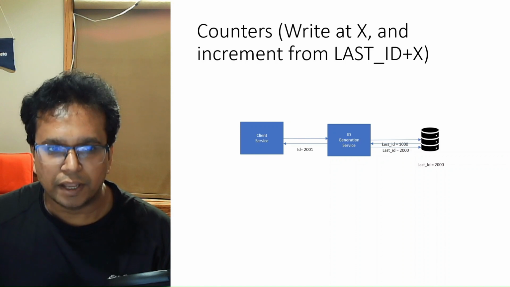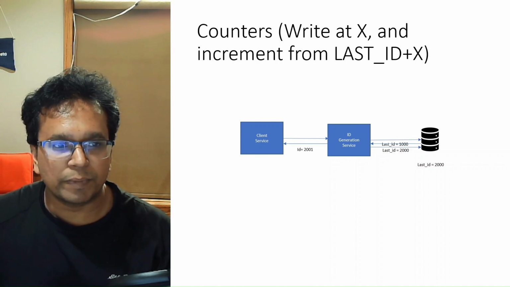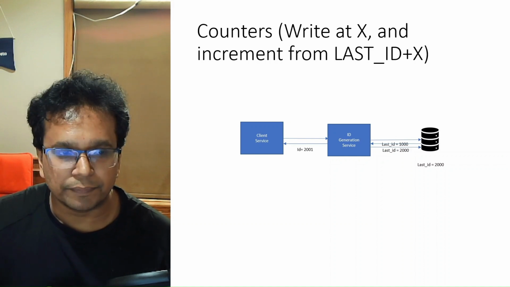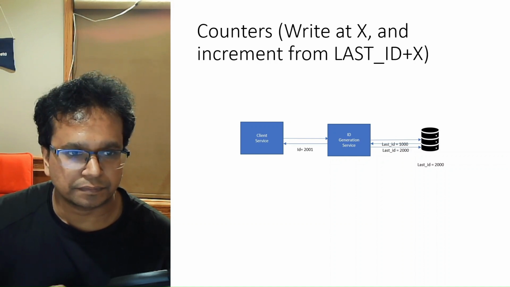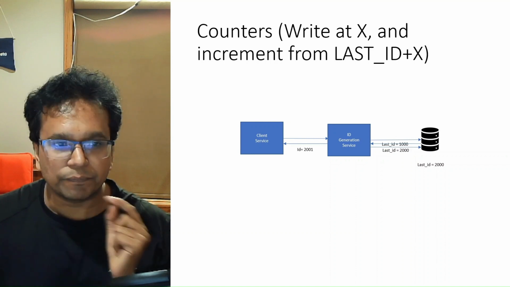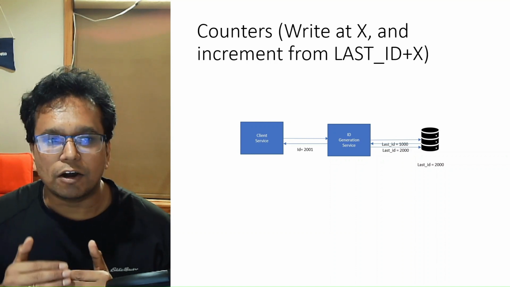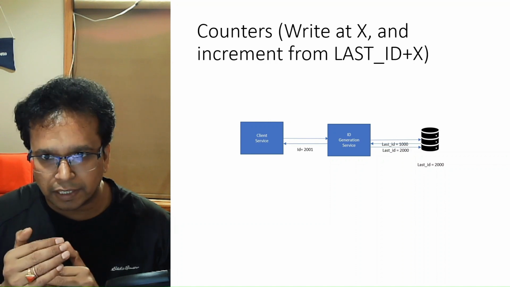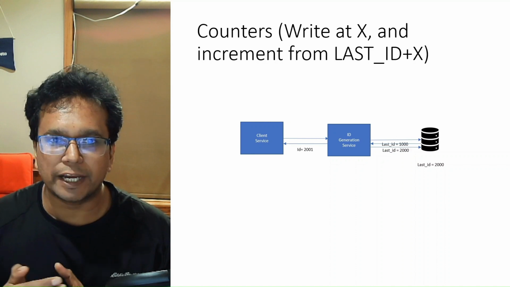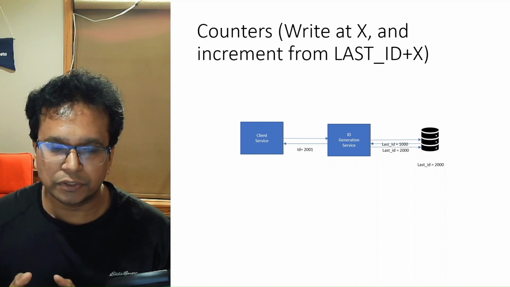Now the last ID is 2000, and I will keep incrementing the counter starting from 2000 to generate the IDs. Suppose that at this moment my ID generation service crashes after generating 2001. When it comes back, it reads the value 2000, and then it will start from 3000. It basically skips the interval, because it is not aware at which state it crashed or rebooted.